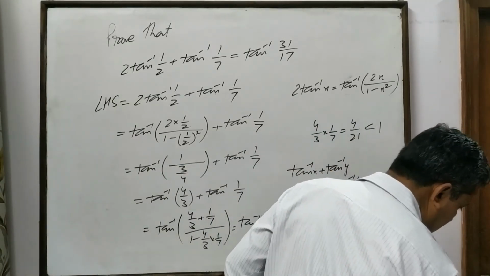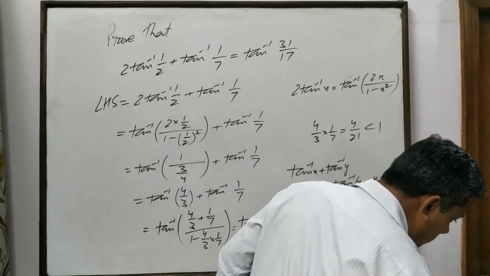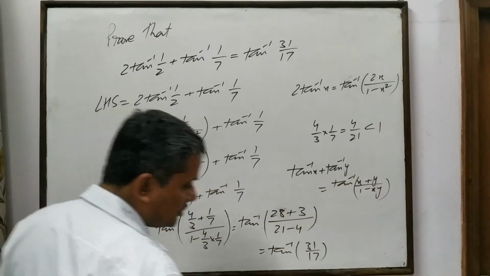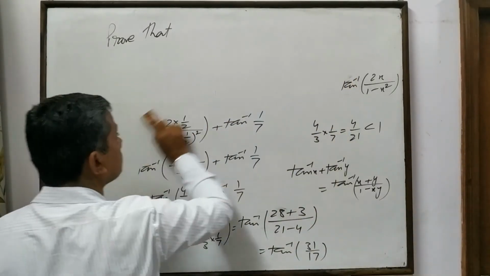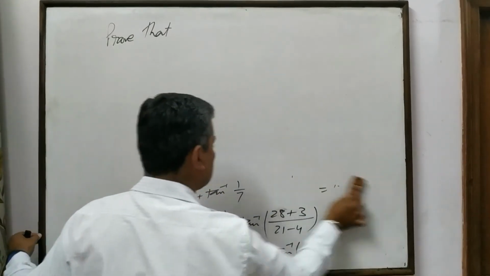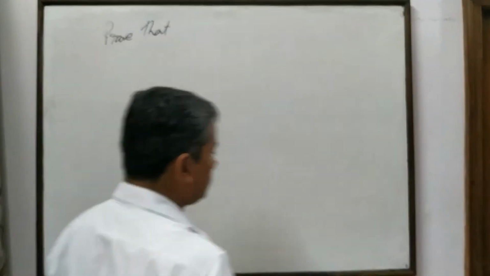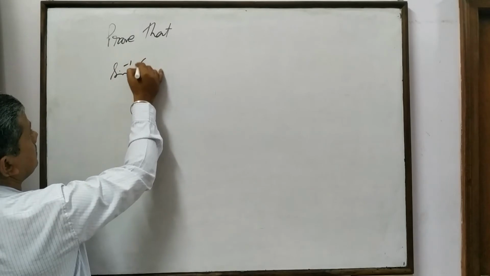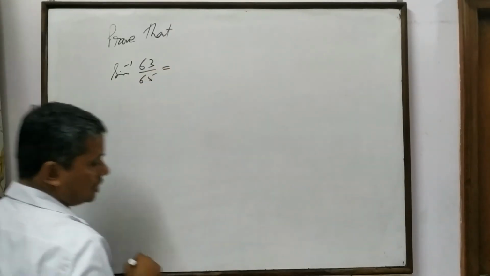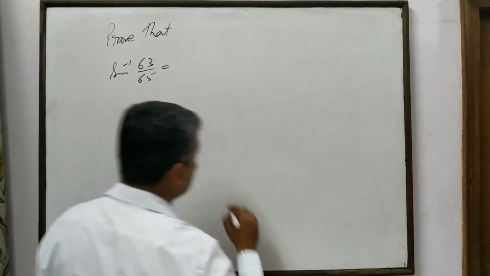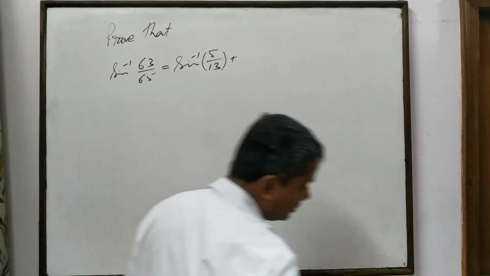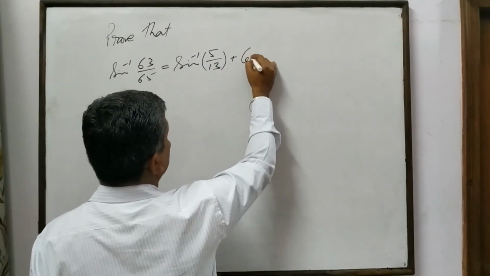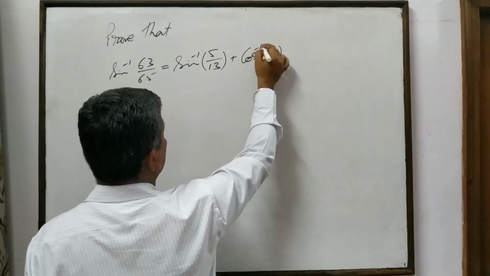So another question that says prove that sine inverse 63 upon 65 is equal to sine inverse 5 upon 13 plus cos inverse 3 upon 5.